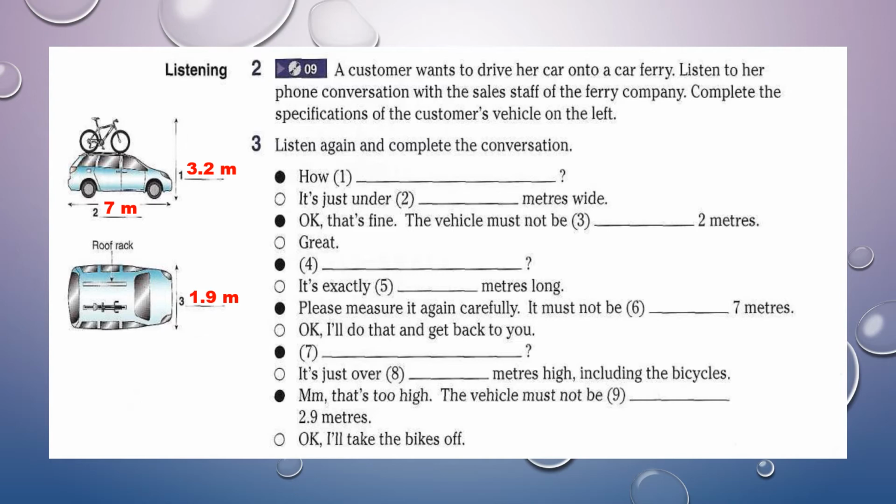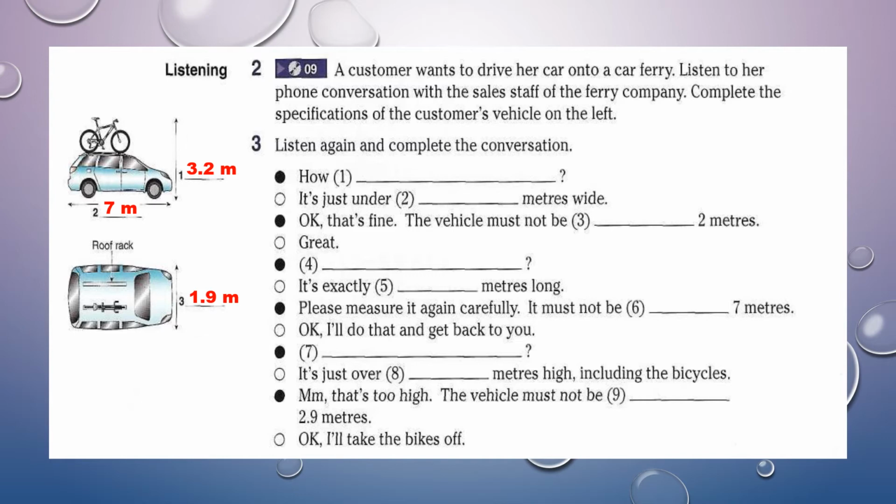How? This is a question. It's just under meters wide. Okay, that's fine. The vehicle must not be 2 meters. Great. 4 is a question. 5, it's exactly meters long. Then, please measure it again carefully.